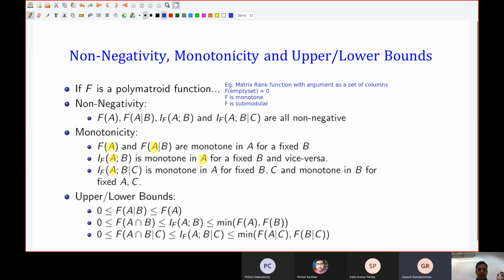We always thought of f of A as f of A conditioned on the empty set. But then there's a lower bound of 0 because we have already seen it's non-negative.